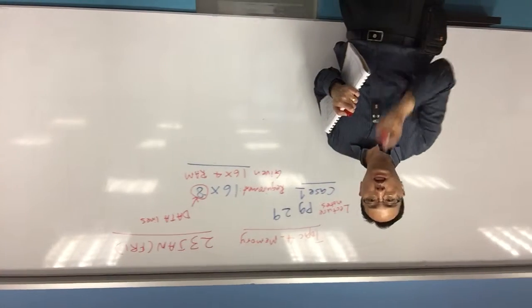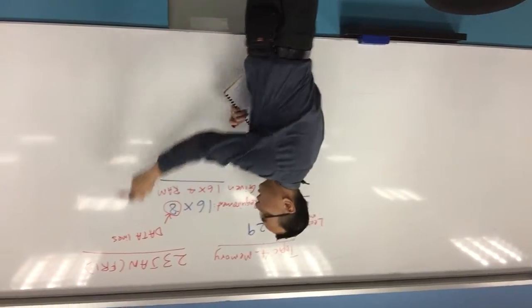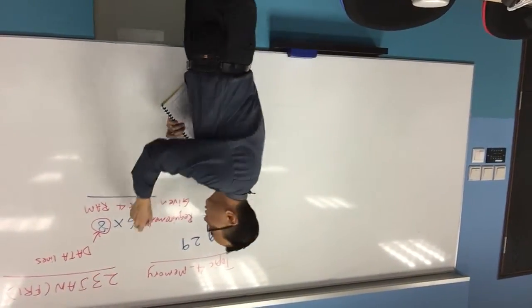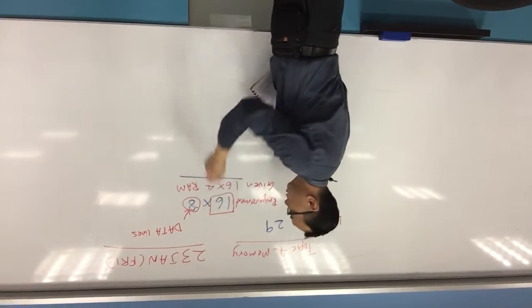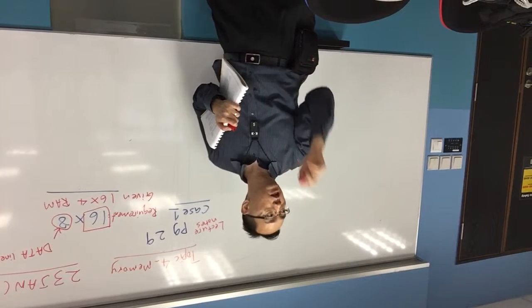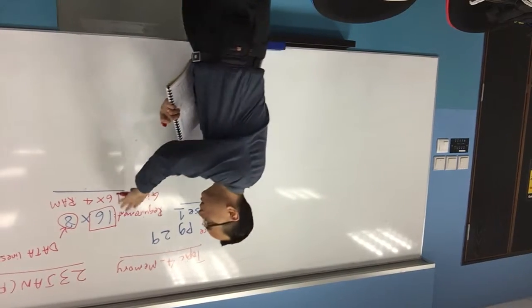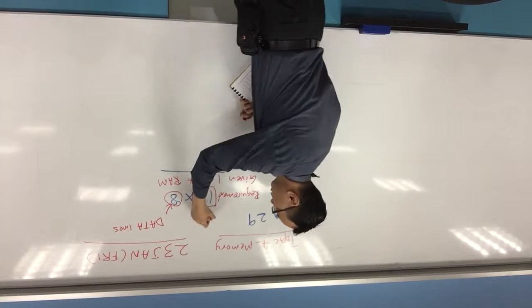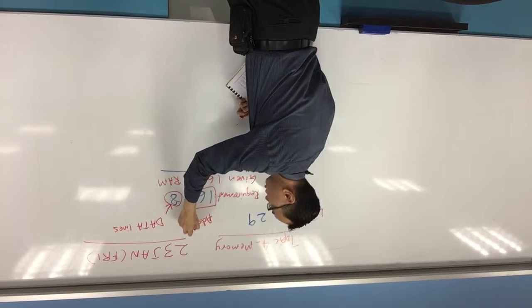I would need something with 8 data lines, and I need 16 address locations. 16 means 16 address locations. This is a very simple example.